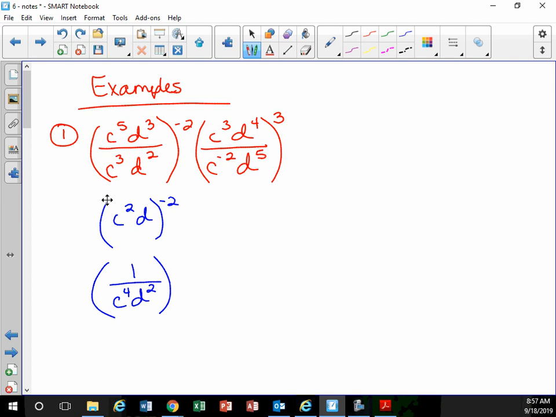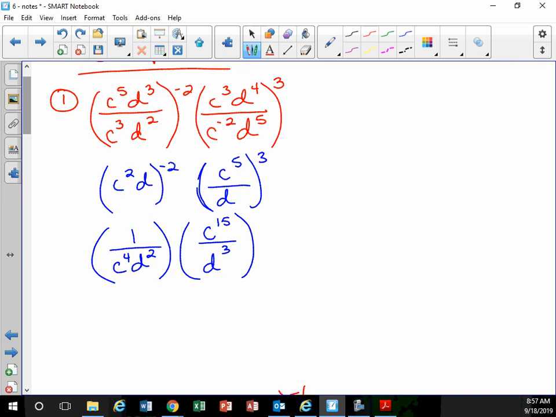Right? Are you okay with that? Then your other parenthesis, that -2 brings those C's to the top, so we get a C to the 5th in the numerator, and a D in the denominator. So when I cube that, that's C to the 15th over D cubed.